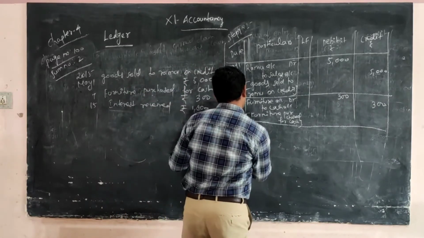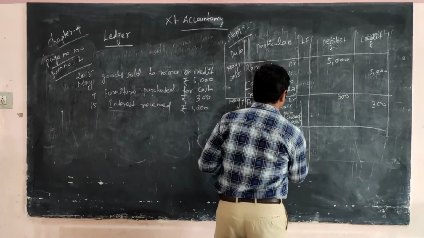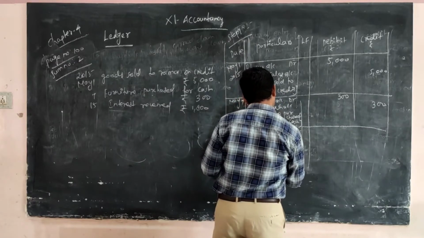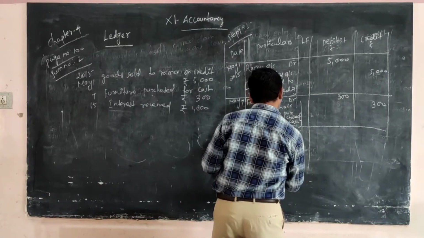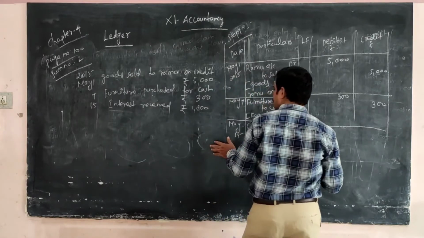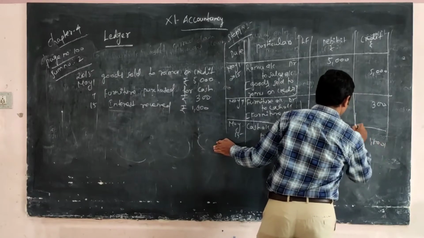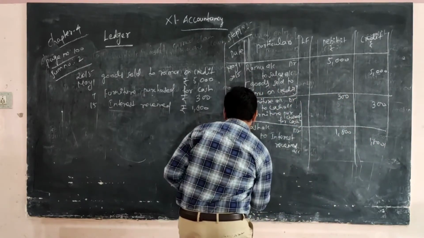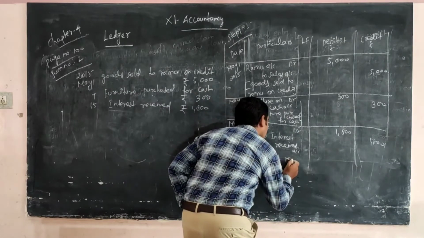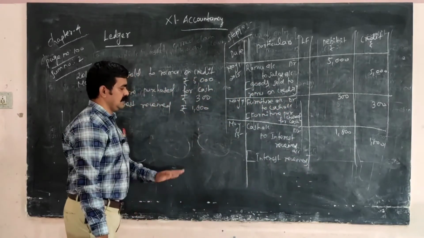So cash account debtor to interest received account, 1,800. So that is the third entry.